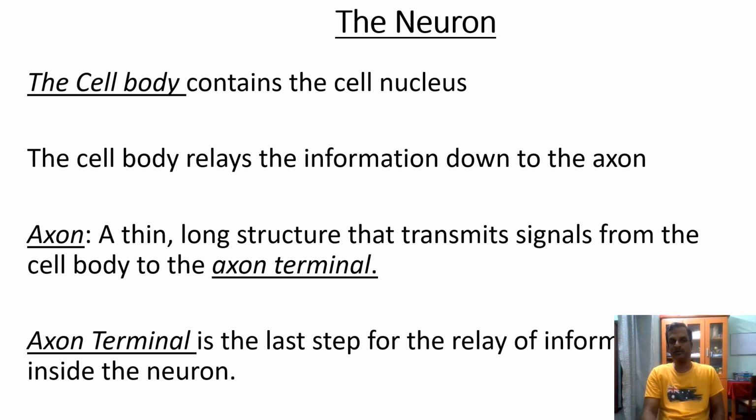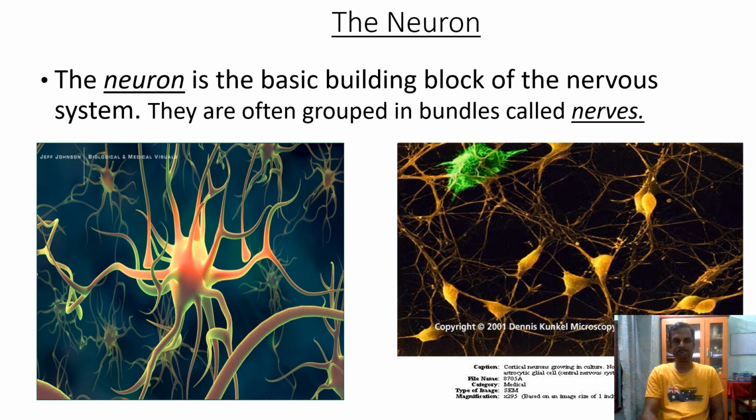Once you have an output, this output is available in the long terminal called the axon, which is equivalent to the monitor of the computer, which is nothing but the output device. Now, putting together all these elements, we can say that this simple neuron is responsible for some action in the body.